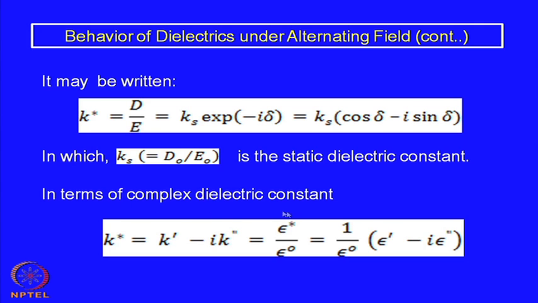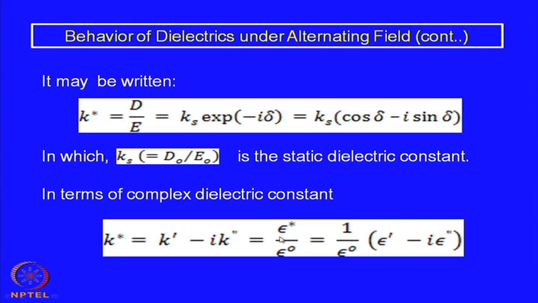In terms of the complex dielectric constant, k star is equal to k prime minus i k double prime. That is the expression of the complex dielectric constant, and it can again be represented in this manner. Once again we can introduce a permittivity, a complex permittivity.